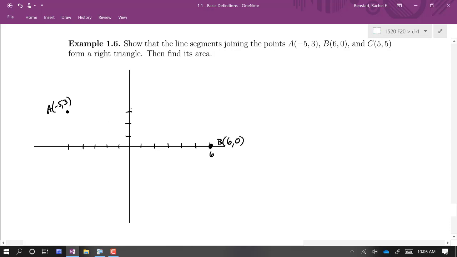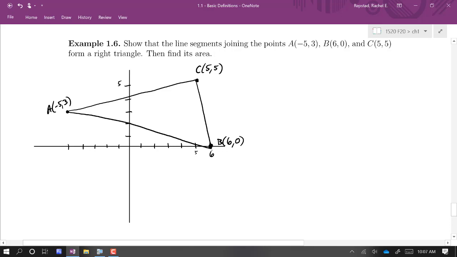And point C is 5, 5. So I'm looking at the triangle formed by connecting these points.